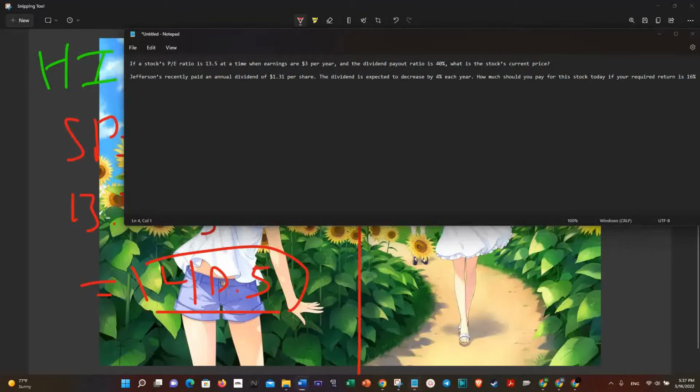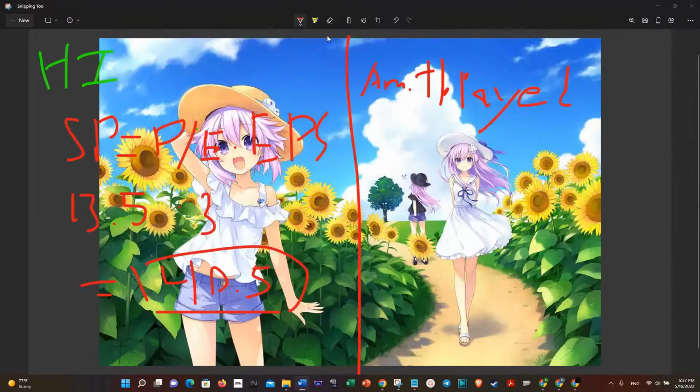Amount to be paid is the annual dividend multiplied by 1 plus dividend rate, close parentheses, divided by required return minus the dividend rate. Pause it if you need to write it down. I'll admit that's maybe a bit too long to write by hand, but it's okay.